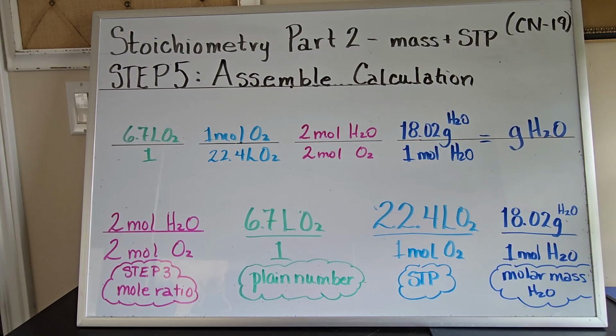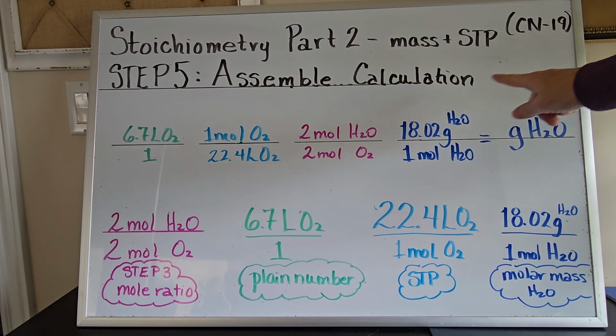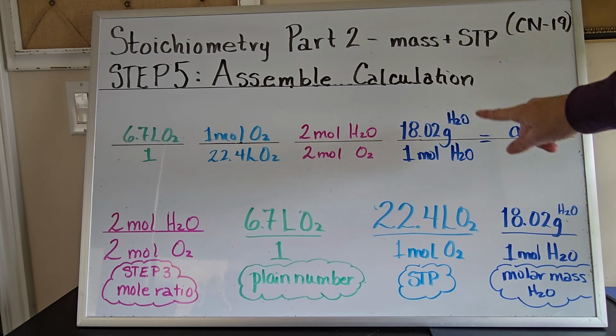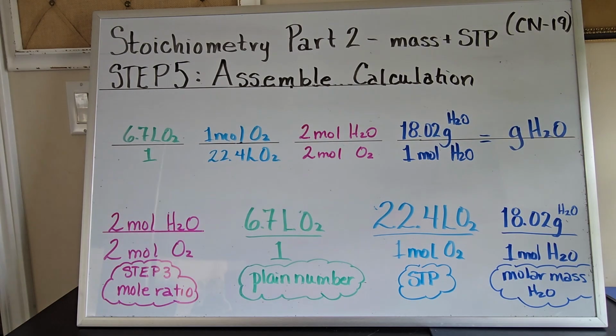So I'm going to start off by saying which of my unit factors looks most like my answer, in terms of units and label. I'm going to choose my molar mass of water, H2O. Why? Because it has grams H2O in it, just like my answer. I like the way it's written. I'm not going to flip it because I want to start off by matching my first unit factor on the left-hand side to my answer on the right-hand side.